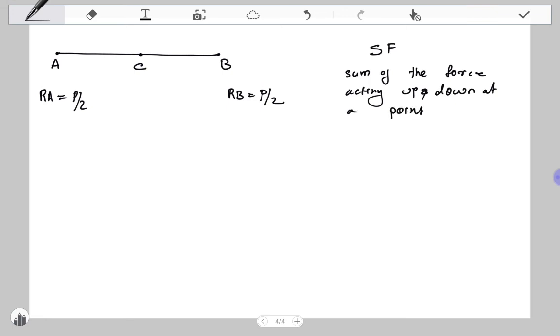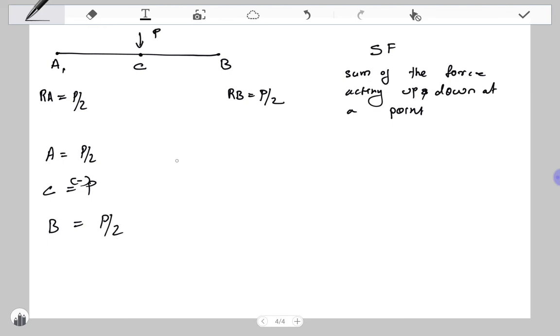Okay, so at the point A, the force acting is P by 2. At the point C it is P, the value which is acting downwards, that is value P. That is negative, right? So at B the value is again P by 2.